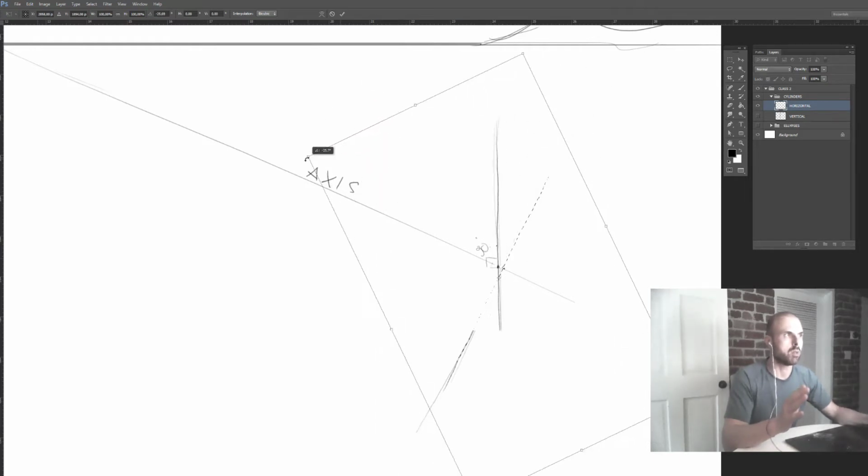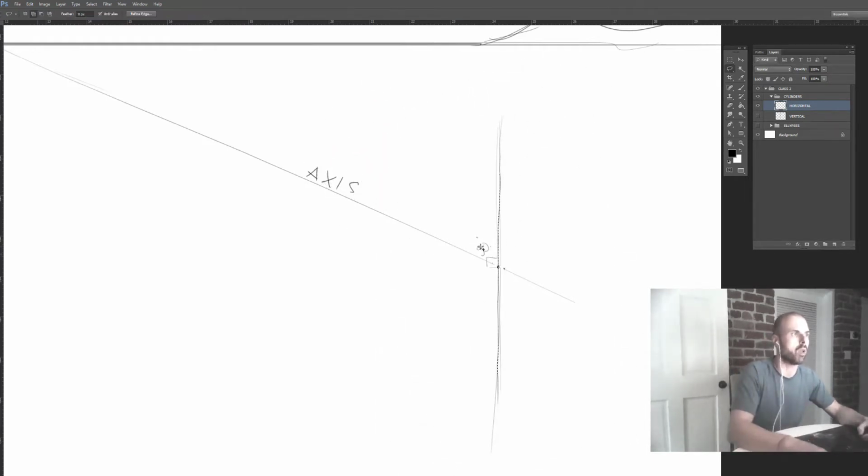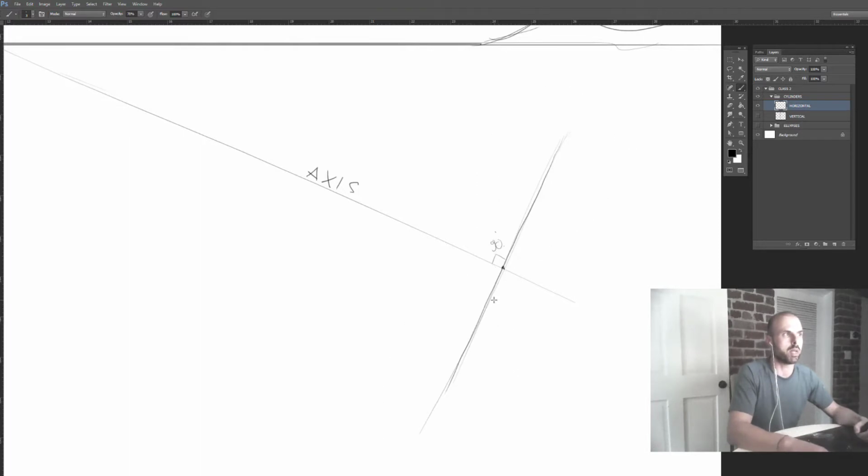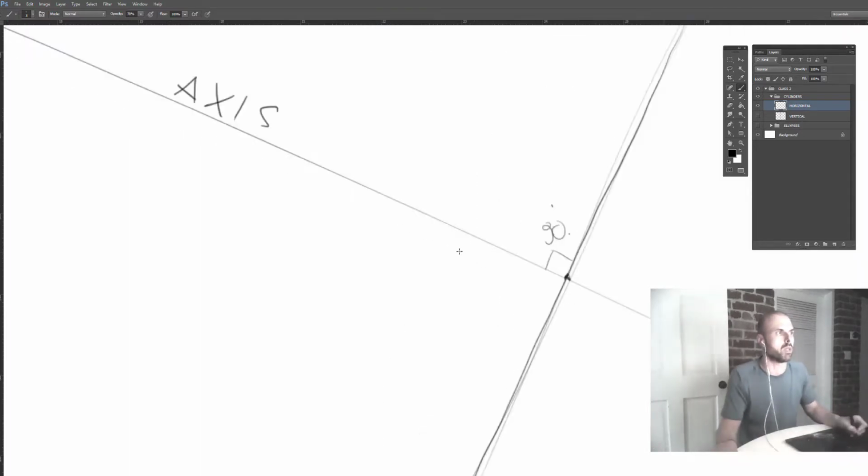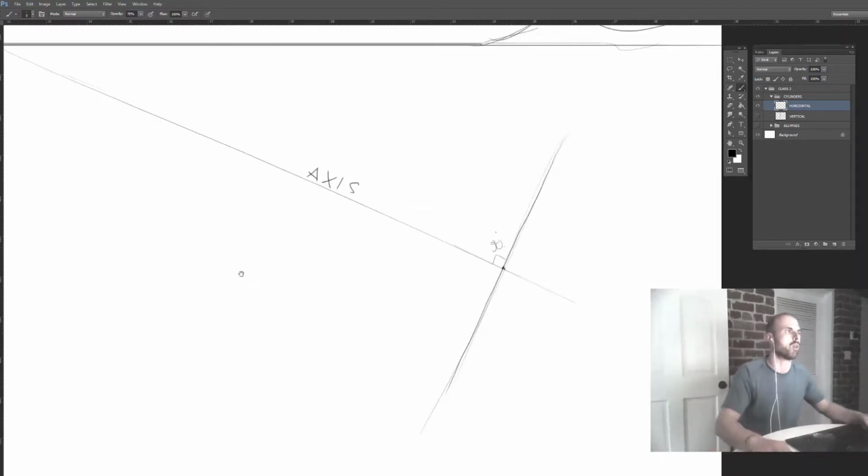So this would be an angle of probably 45 degrees, but it's not correct. You need to make sure that the 90-degree angle is a real 90-degree angle created with the axis.